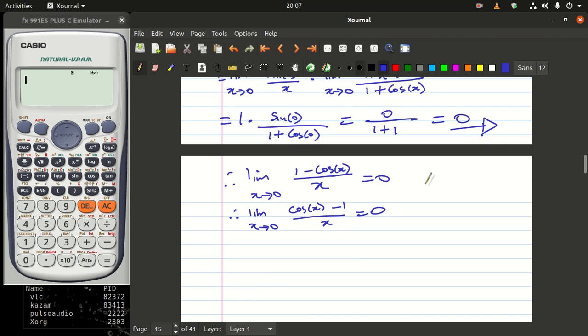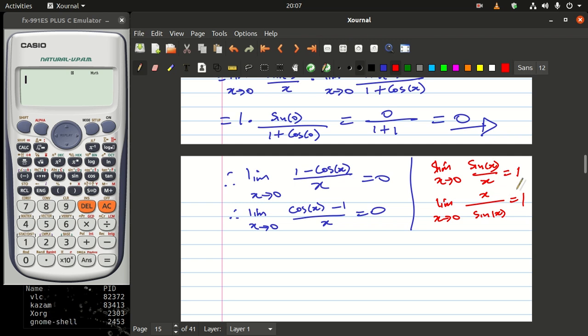And another thing someone might deduce is that whenever I have the limit as x approaches 0 of sine of x divided by x equal to 1, this means that the limit as x approaches 0 of x divided by sine of x must also be equal to 1. These two functions are getting close to the same value.